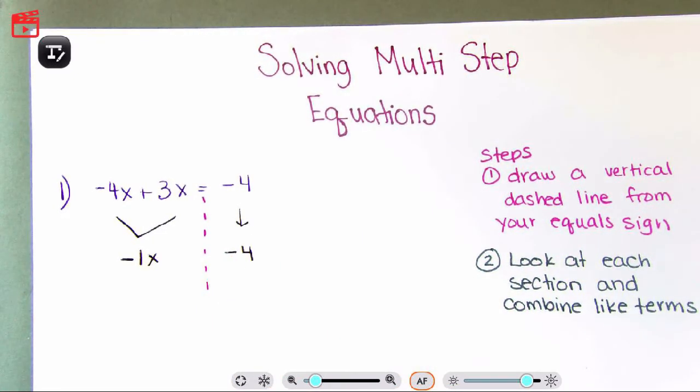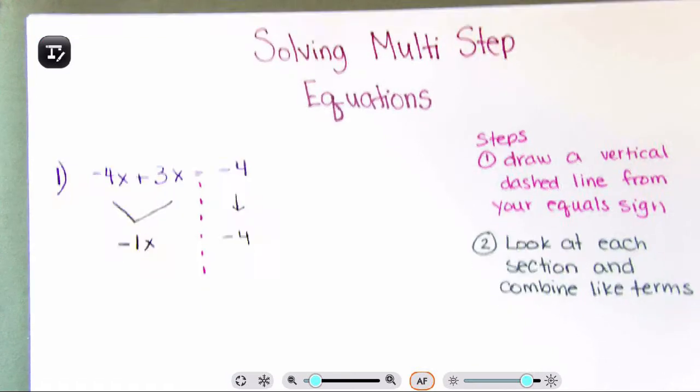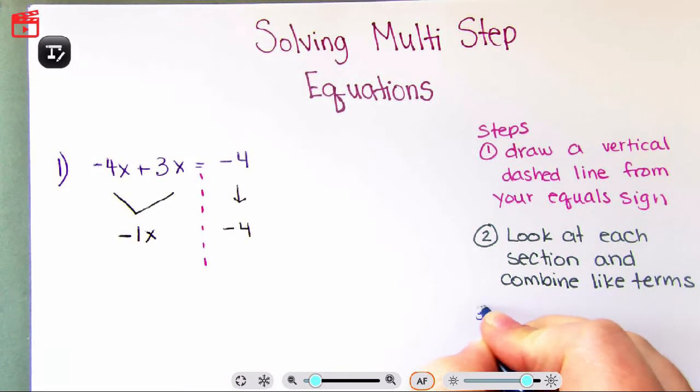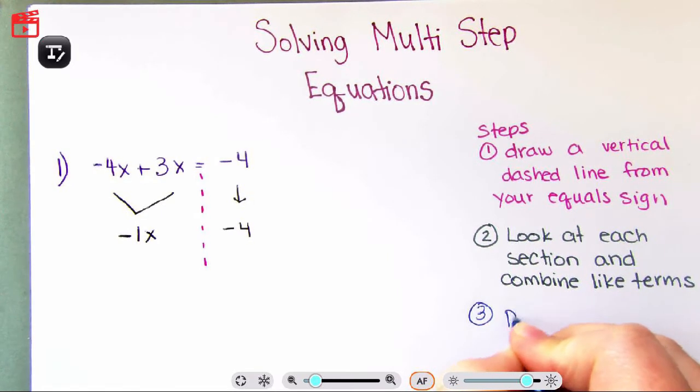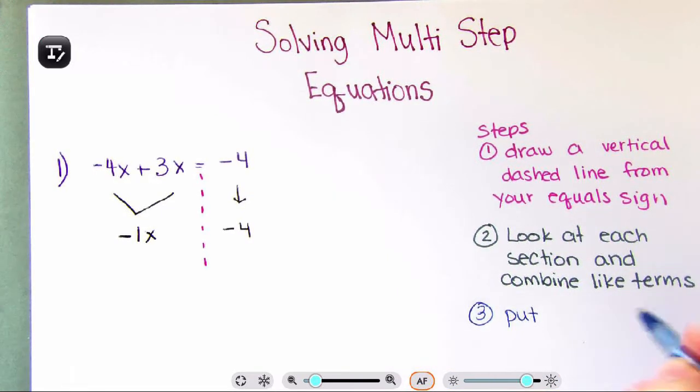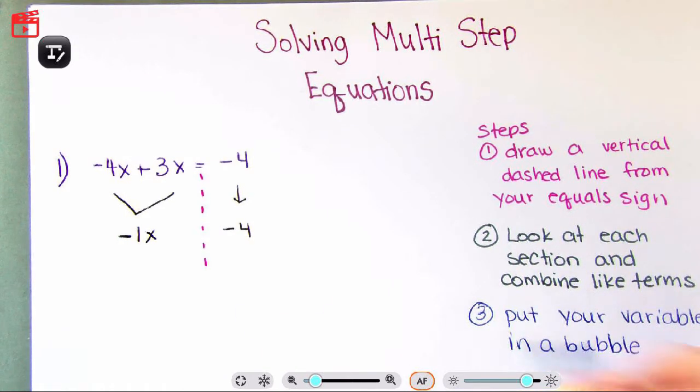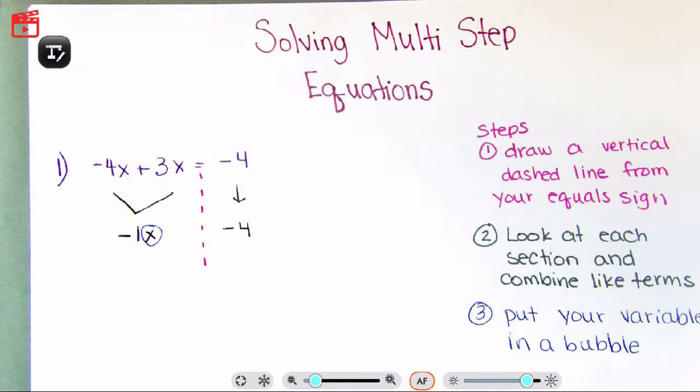So our objective is to solve for x. As of right now, x is not by itself. So I'm going to go ahead and put step number 3, put your variable in a bubble. So here's your variable. I'm putting it in a bubble.